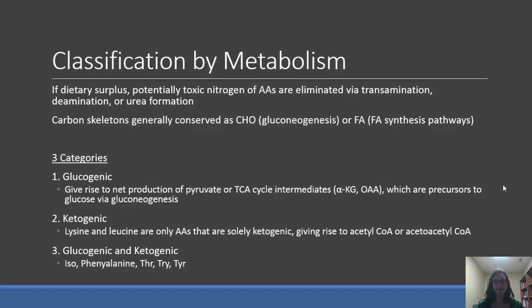And all amino acids except lysine and leucine are at least partly glucogenic. So lysine and leucine are exclusively ketogenic. So they give rise to only acetyl-CoA or acetoacetyl-CoA. And then there are also amino acids that are both glucogenic and ketogenic.